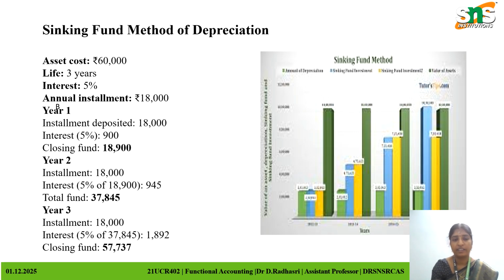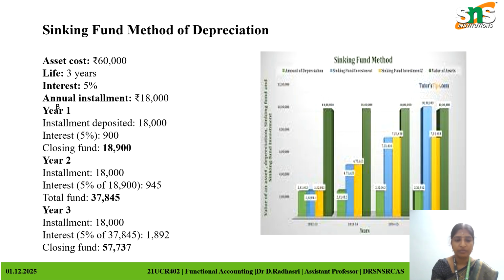The interest is calculated on 50,000, and it can be taken as 900 for the interest. So the total closing fund is 80,900. Year by year it differs and the percentage increases. So we get an increasing process at the year end. Every year end we can show that the total of the sinking fund increases.